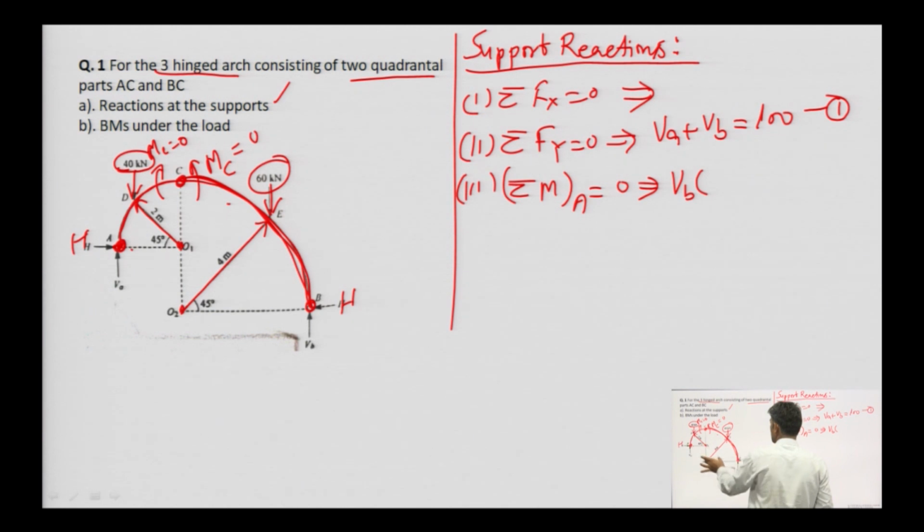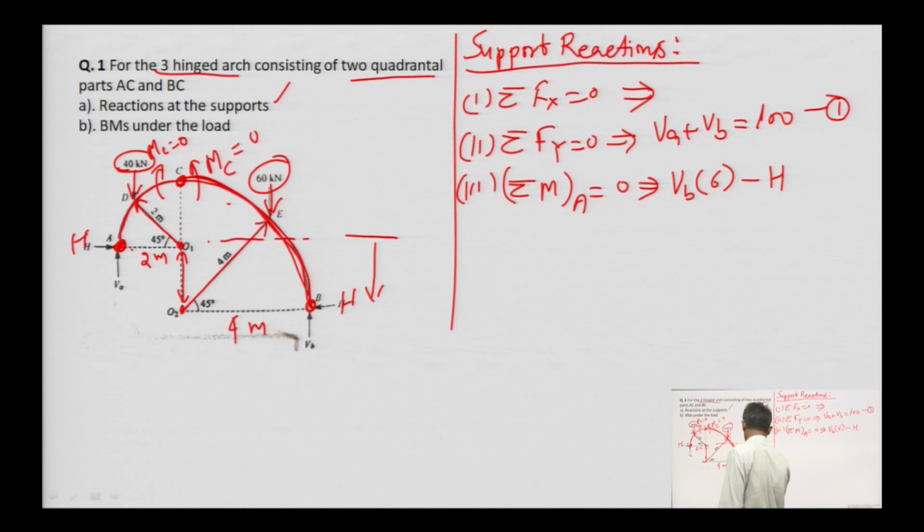This is 2 meter, this is 2 meter, and this is 4 meter, so the total distance is 6. Then 6 minus H into the vertical distance, which is 4 minus 2, that is equal to 2, so H into 2.